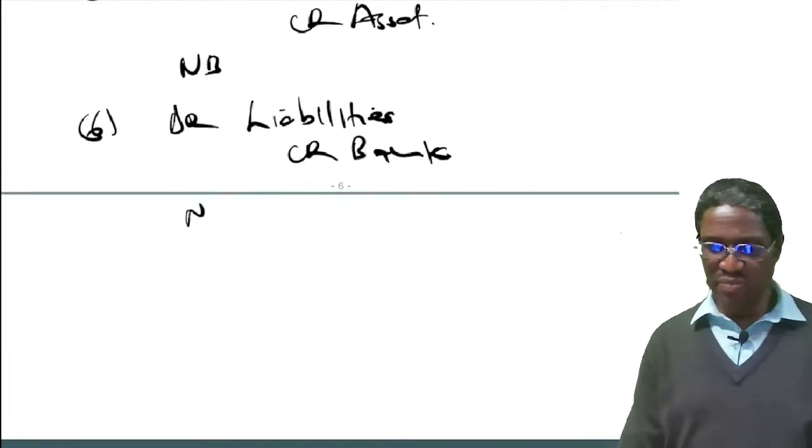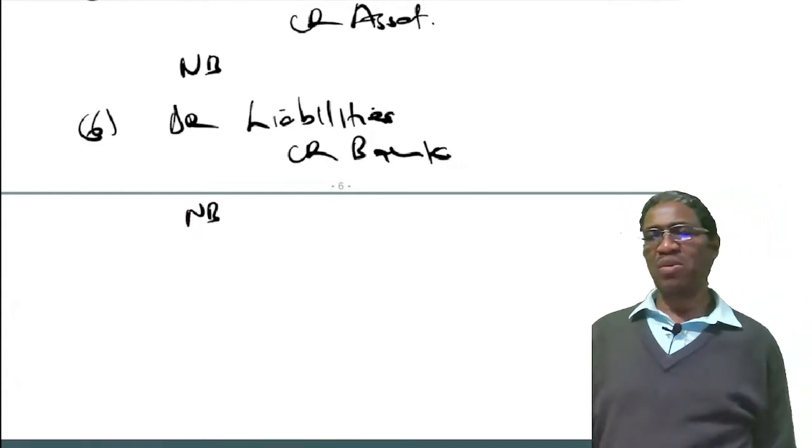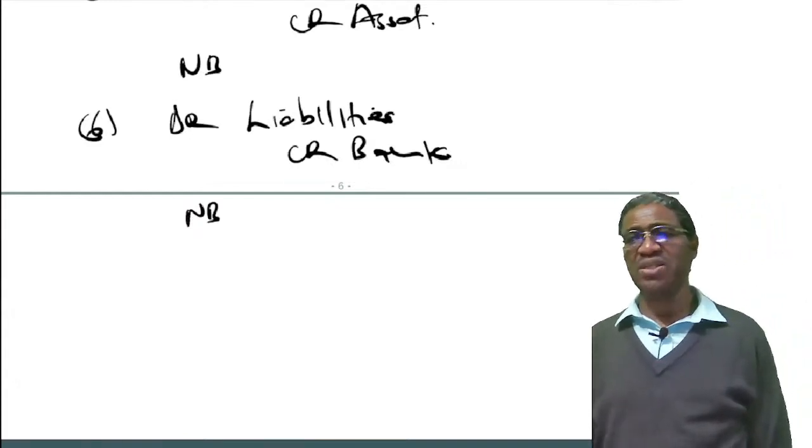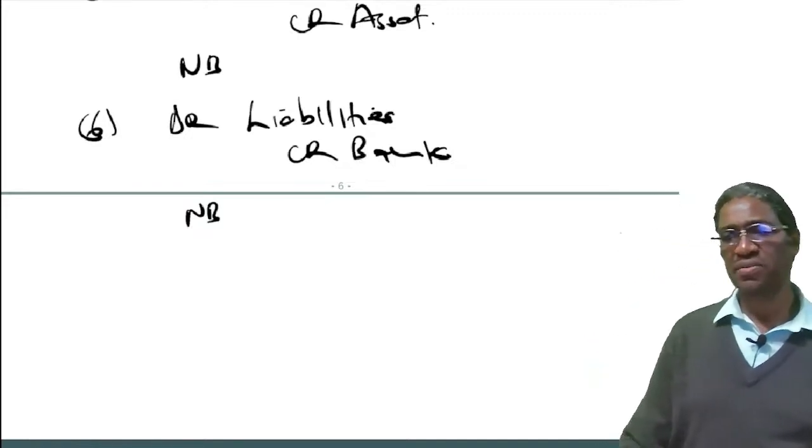Then you write NB: with the liabilities not taken over but paid by the selling company, you debit liabilities, credit bank.